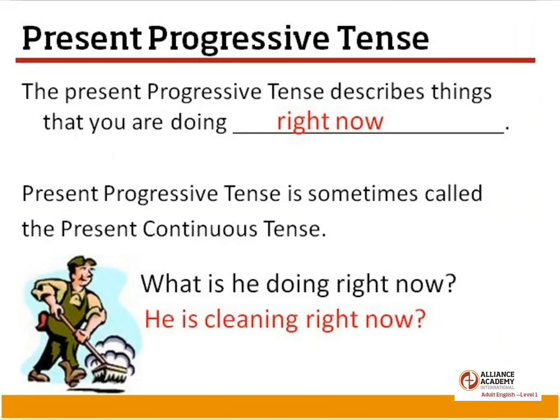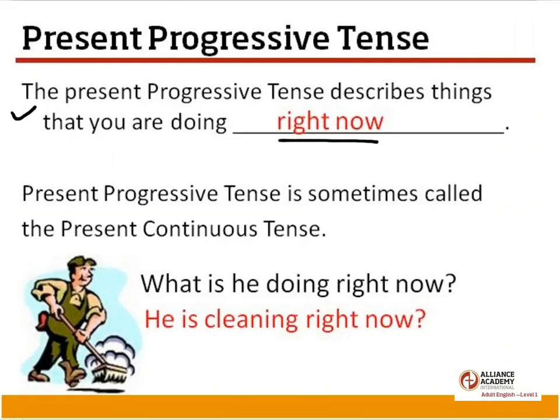Well, let's jump into the present progressive tense. And we'll start by defining when we use it. The present progressive tense describes things that you are doing right now.